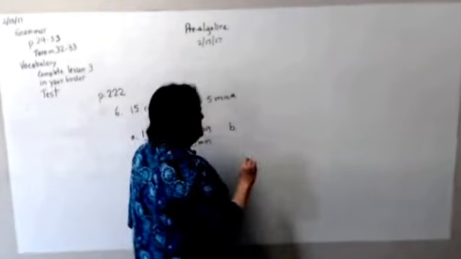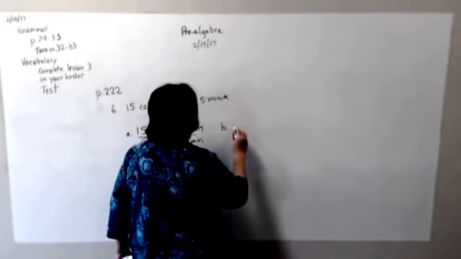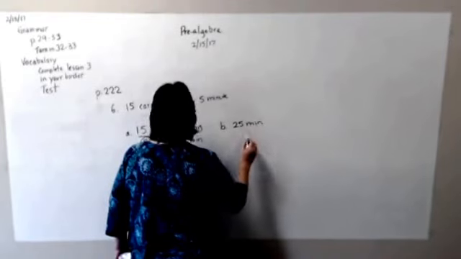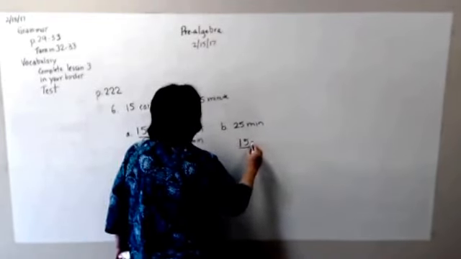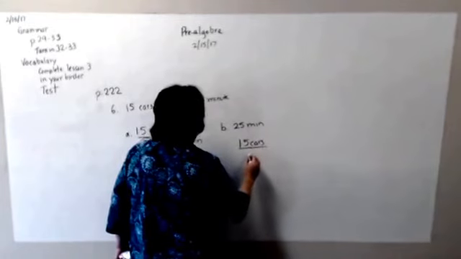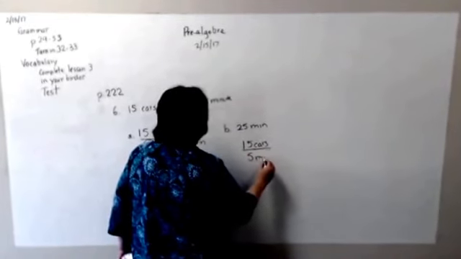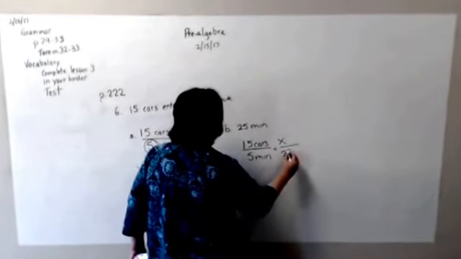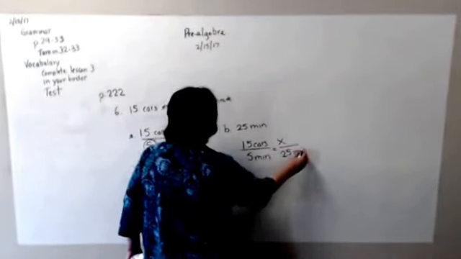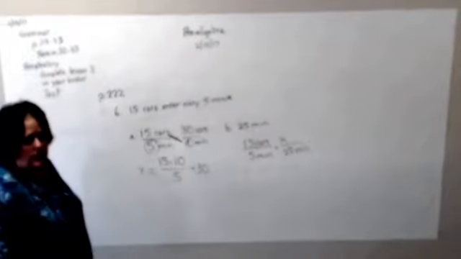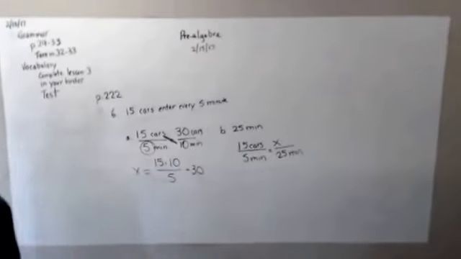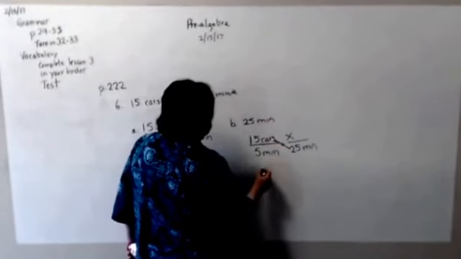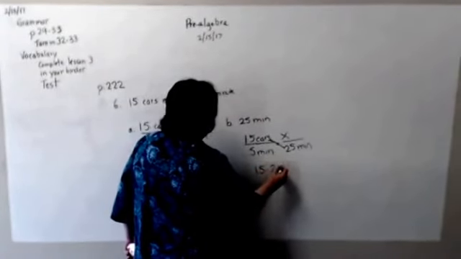Sullivan? How many cars enter the parking lot in 25 minutes? So we know that we have the ratio of 15 cars in 5 minutes. You worked it out already? What did you multiply first? 15 times 25.